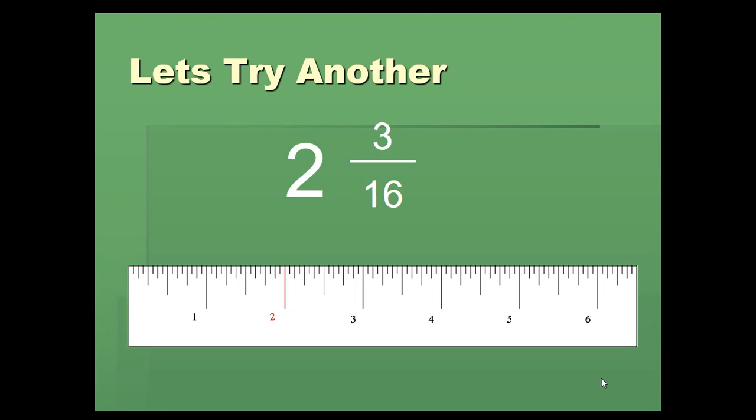Then, because we're already in sixteenths, all we have to do is count the lines till we reach the mark we're measuring to. 1, 2, 3. Once that's done, we have our measurement. 2 3/16 is the correct answer for this. So when we have 16 on the bottom, it makes it much, much easier.